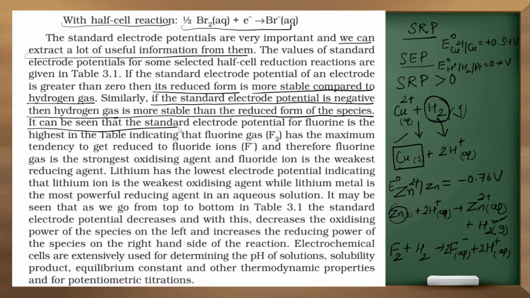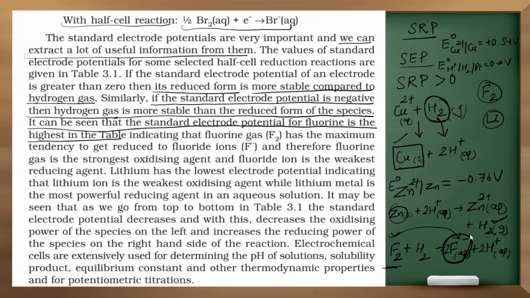It can be seen that standard electrode potential for fluorine is highest in the table. Fluorine has highest and lithium has lowest reduction potential. So fluorine gas has the maximum tendency to get reduced to F negative ions. Therefore, fluorine gas is strongest oxidizing agent, and fluoride ions are the weakest.